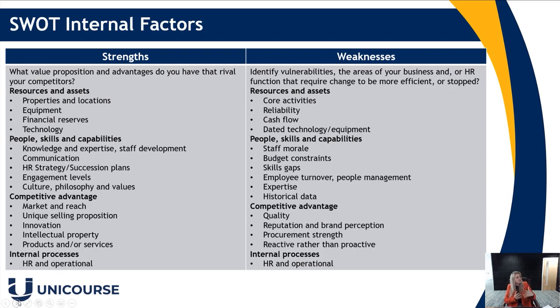Think about and ask yourself, looking at these different areas for strength, what value or what advantages clearly point you out as someone who can rival the competitors. And you can look at it in different areas here. You can look at resources and assets, people's skills, capabilities, and then the competitive advantage within the market, which can include intellectual property, branding, innovative work and internal processes.